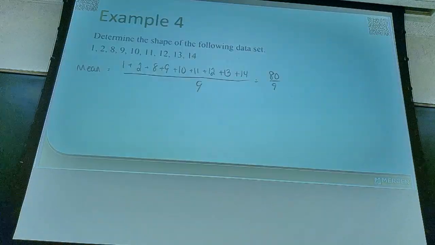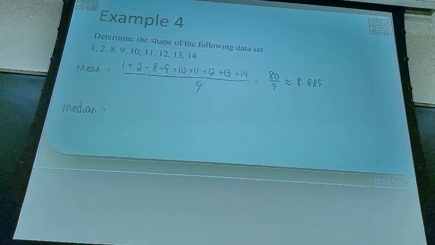Sum those values up, you should get 80. Mean would be 80 over 9, or about 8.889. Median is what?